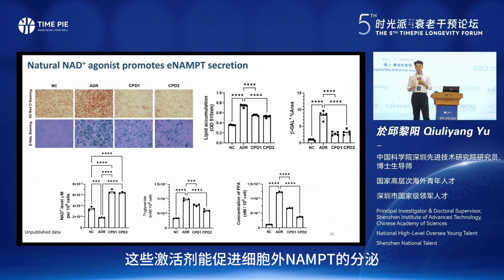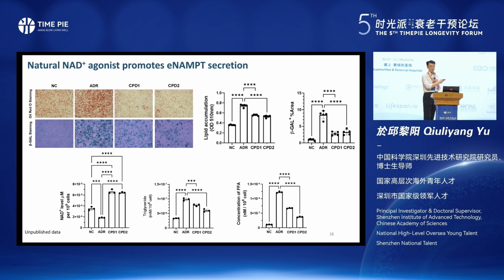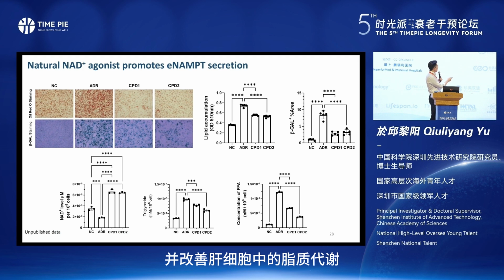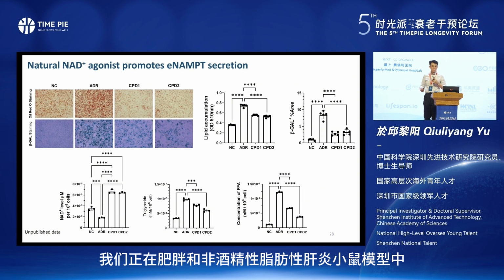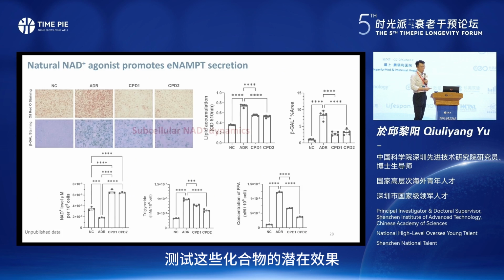What this does is that it helps the secretion of extracellular NAMPT, and it helps the metabolism of lipids in, I believe, the liver cells, and it reduces the triglyceride and also the free fatty acid in the cells. Now we're testing this in obese and also NASH mice models to see how effective these compounds could potentially be.